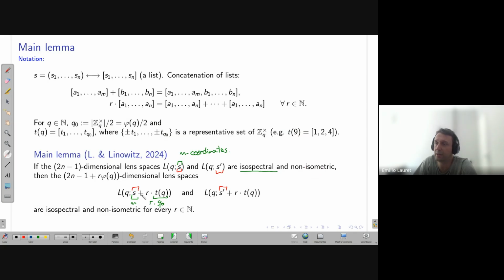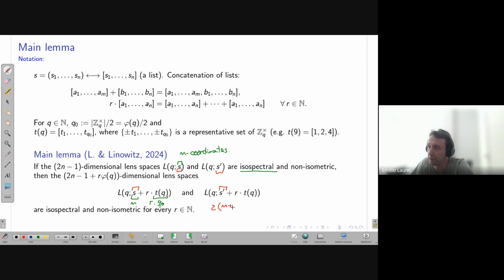And what is the point? Is that the dimension increases, right? Because what is the dimension? Remember, the dimension was twice the number of coordinates, minus 1. Okay, and when you, this is not correct, right?